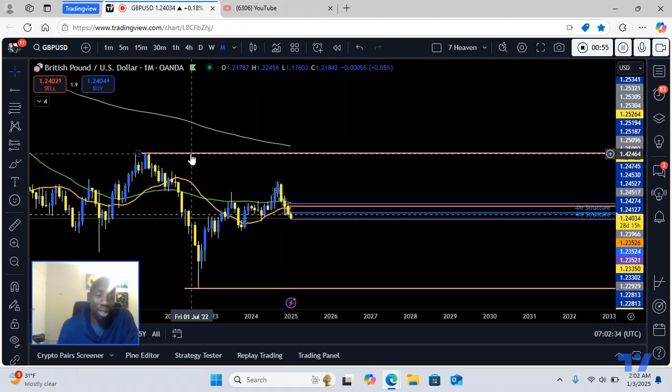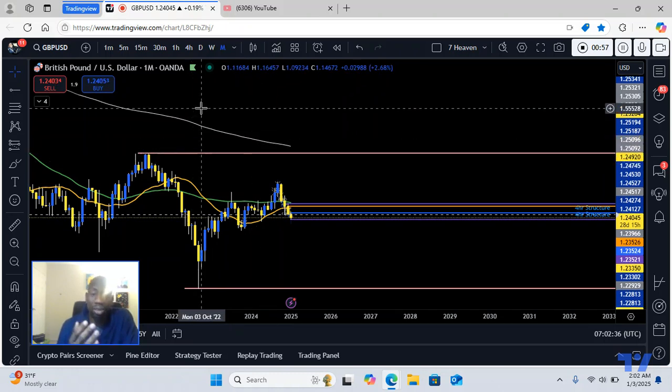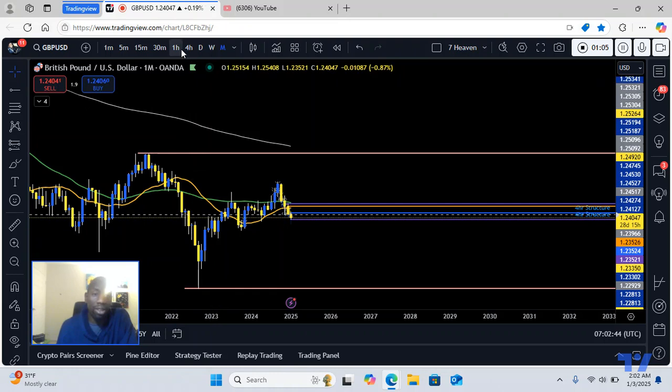The monthly or the weekly, I can use if I just want to see what price we're at. But the main thing about the 4 hour through the monthly, which is our four horsemen, monthly, weekly, daily, and 4 hour, is that I mainly want to get the direction.